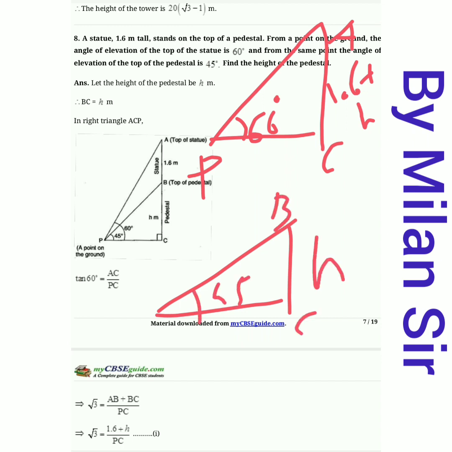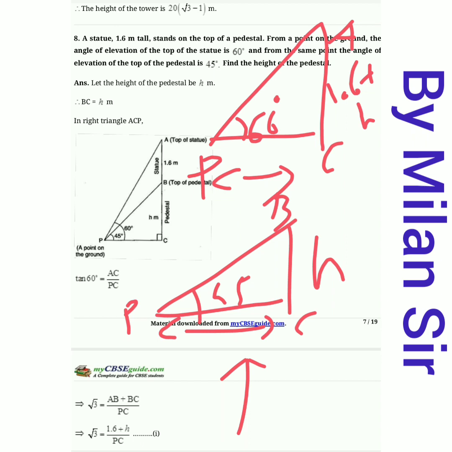Now in both the triangles, we don't know any of the sides. Because in AC, 1.6 plus H, we don't know the value of H. That means we cannot find the value of AC directly, right? And we also don't know the other sides of the right angle triangle, that means AP and PC. Same condition in the second triangle, we don't know the value of BC, we don't know the value of PC. So how can we find the value of H? Here PC is the same in both the triangles, right?